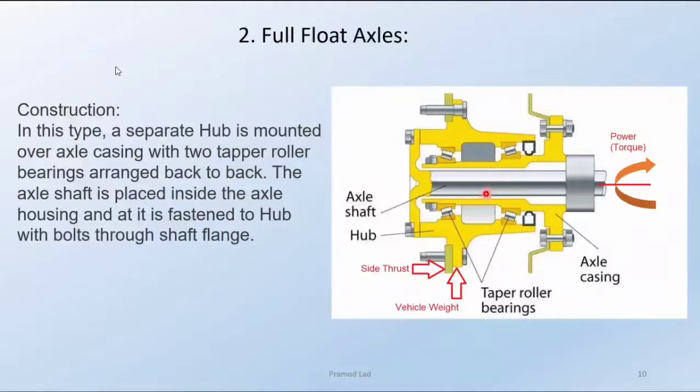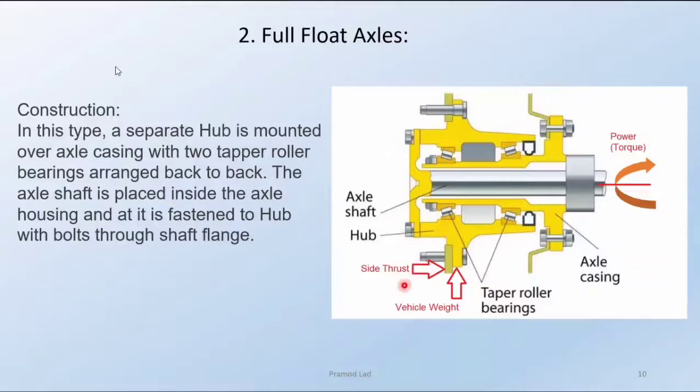So as you can see here, this is the axle casing, and in between the axle casing and hub, there are taper roller bearings which are arranged back to back, and the shaft passes through the center of the casing and is attached at the end to the hub.